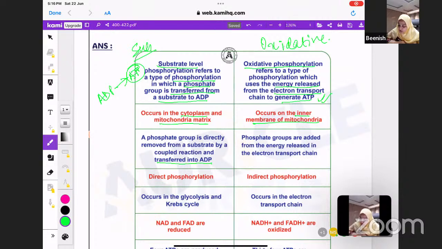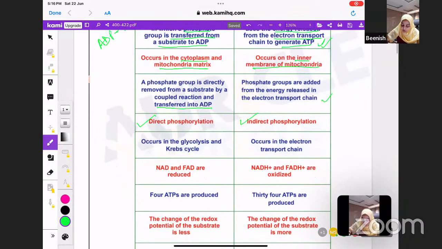In oxidative phosphorylation, phosphate groups are added using the energy released in the electron transport chain. Then this is direct phosphorylation, this is indirect phosphorylation. Now this takes place in glycolysis. You know, there were two steps in glycolysis which were generating ATP, in the Krebs cycle as well. And this takes place in the electron transport chain.